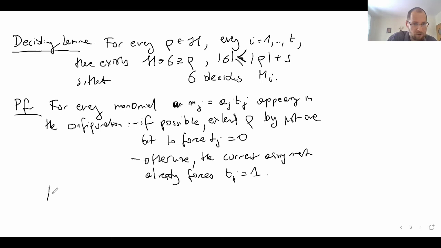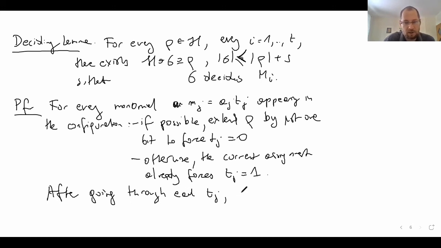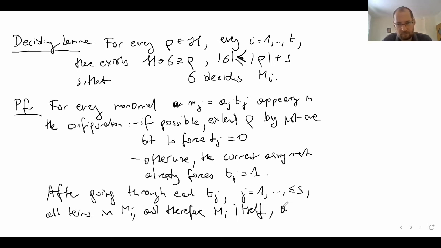After going through each TJ, and J is 1 to, well, at most S, we don't know what the exact number is, all terms in M, and therefore MI itself, are decided. Okay, that's it. So that's a sort of locality lemma, but a weaker one than in the case of resolution.